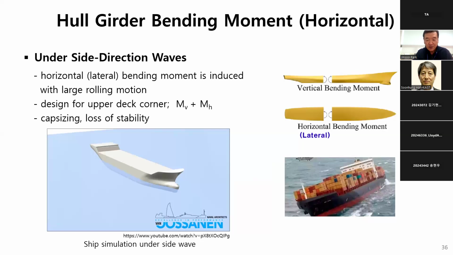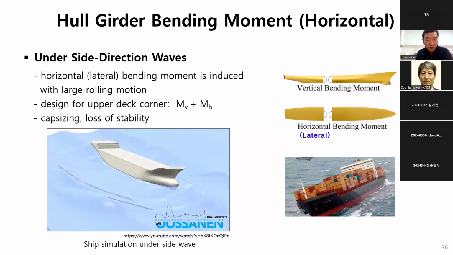First, let's see a video showing ship motion simulation under a big side wave coming from 90 degrees. It's called horizontal side direction waves. In this condition, horizontal bending moment is induced with a large rolling motion.